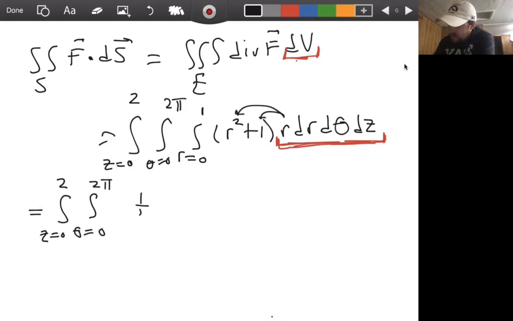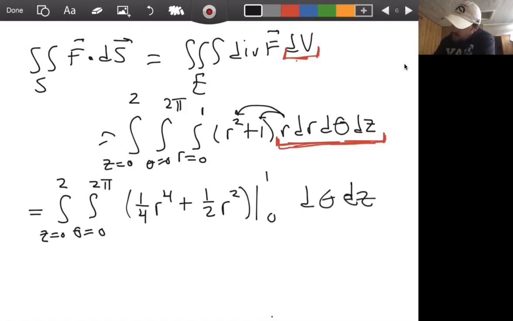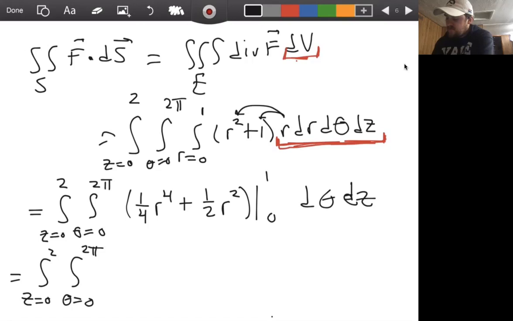So after integration, this would be 1/4 r to the 4th plus 1/2 r squared from 0 to 1, d theta dz, with z equals 0 to 2 and theta equals 0 to 2 pi. Well, if we plug in 1, we're going to get 1/4 plus 1/2, which is 3/4. And then if we plug in 0, we get 0. So 3/4 d theta dz.